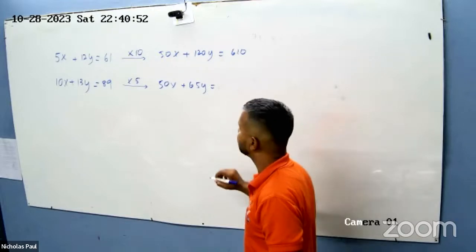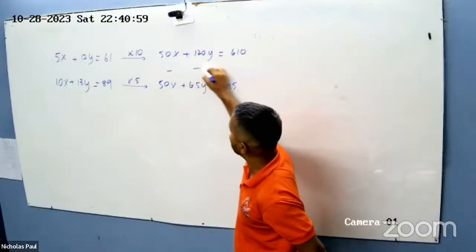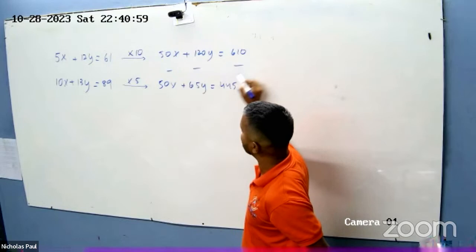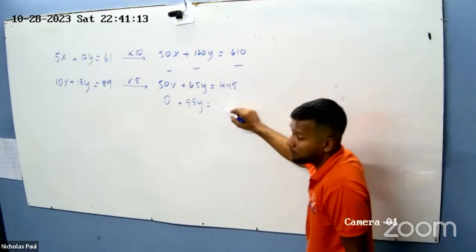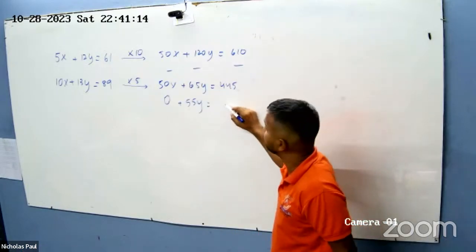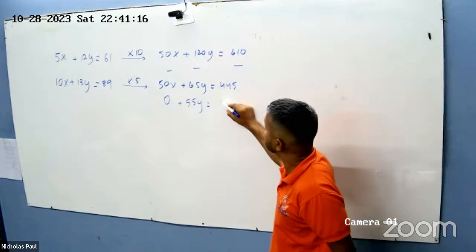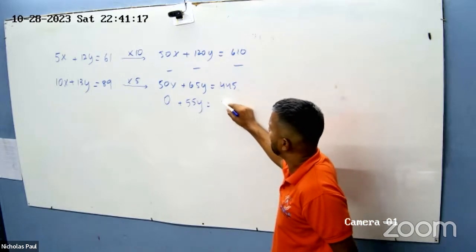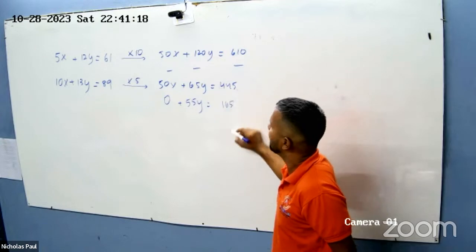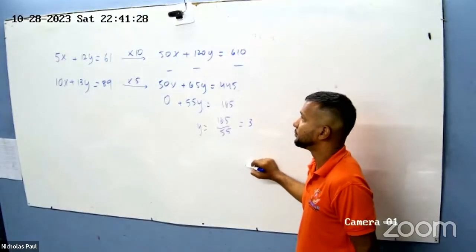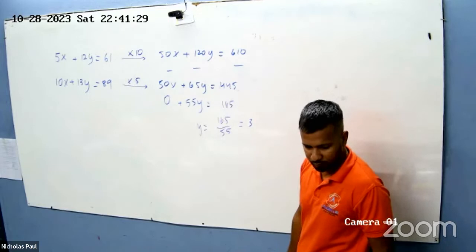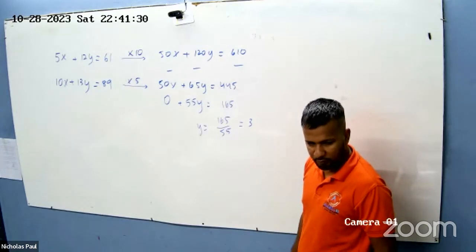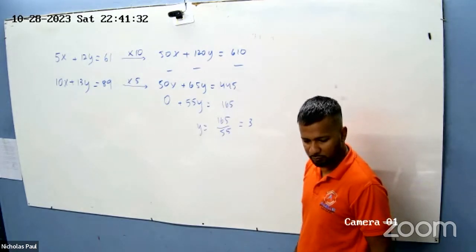Positive 55. And what is 445 minus 610? Minus 165. So y is 165 over 55. How much is that? 3. Right, so y is 3.